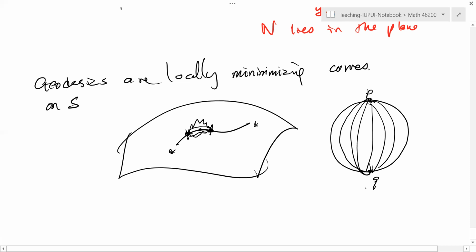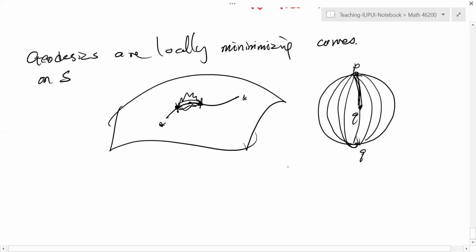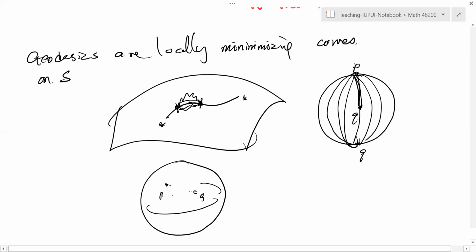But if the point is here on the sphere, you draw the great circle around that.